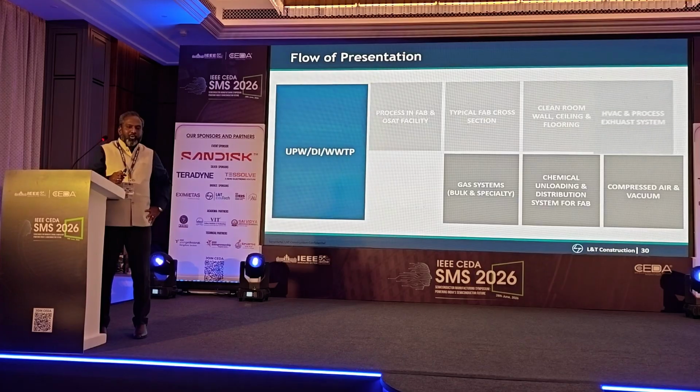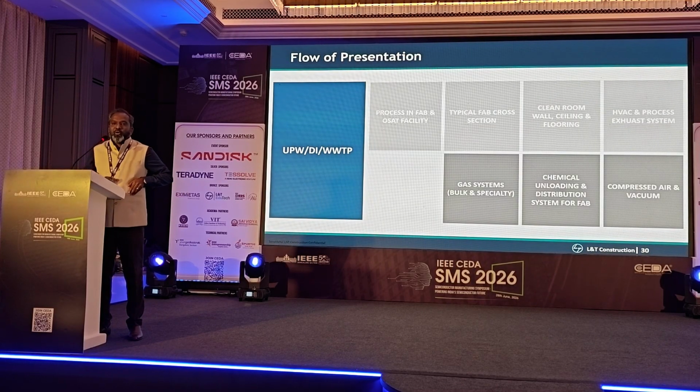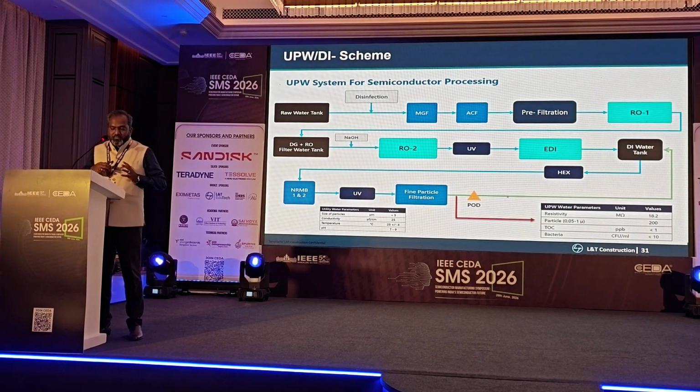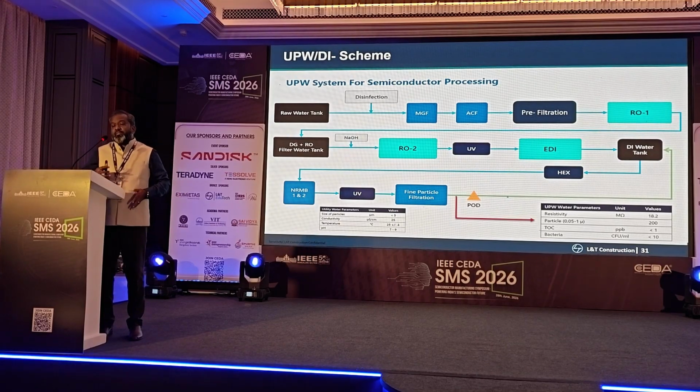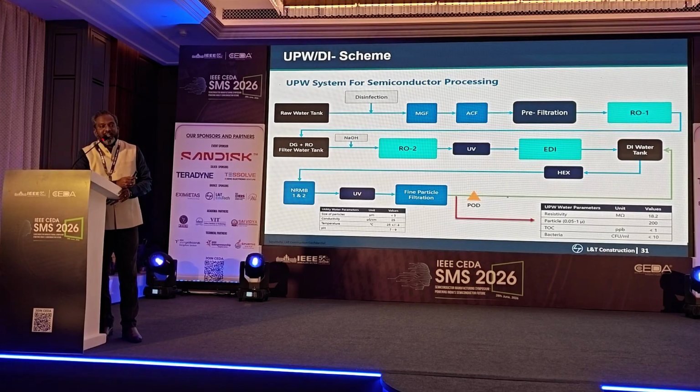We'll move on to the most important part of the fab, that is ultra pure water and wastewater treatment. Just to give you a perspective, for the water that we drink, the TDS, everybody should be aware because we have at least an RO system at home, is about 100 ppm, right?